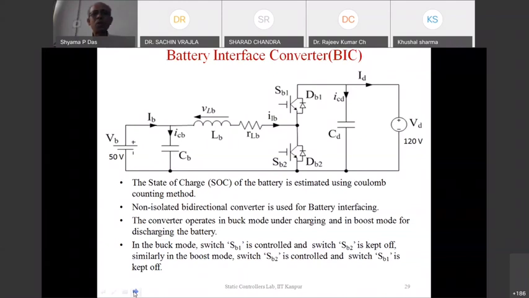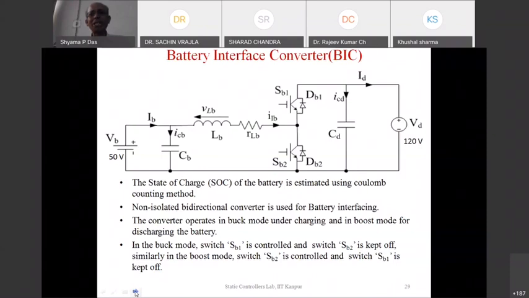So SB1 is off and SB2 is operated for discharging of the battery. This is the discharging mode, and the converter operates in the boost mode from 50 volt to 120 volt.